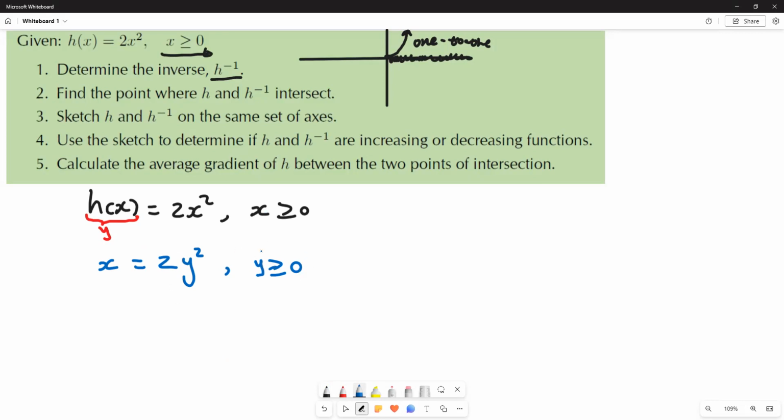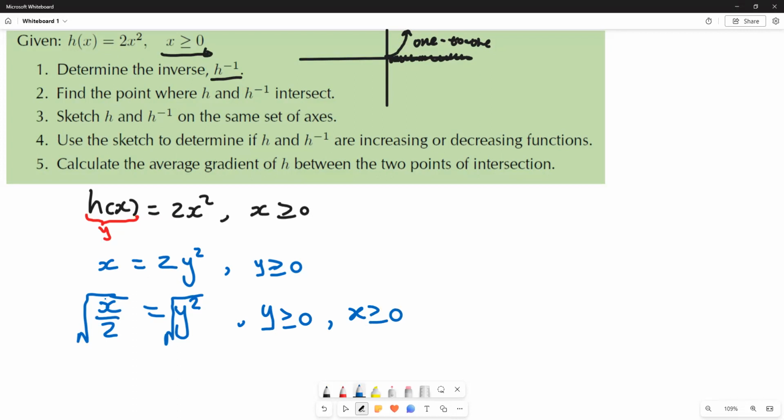So now we need to make y the subject of the formula. You are going to firstly divide by 2 on both sides. So you have x over 2 equals y squared. Okay, and then you are going to square root both sides. Usually we put plus or minus here, but you're not going to, because they say y is bigger than or equal to 0. So if y is positive, it means the outside must be positive. And you can show that since x is inside the root, it has to always be bigger than or equal to 0.